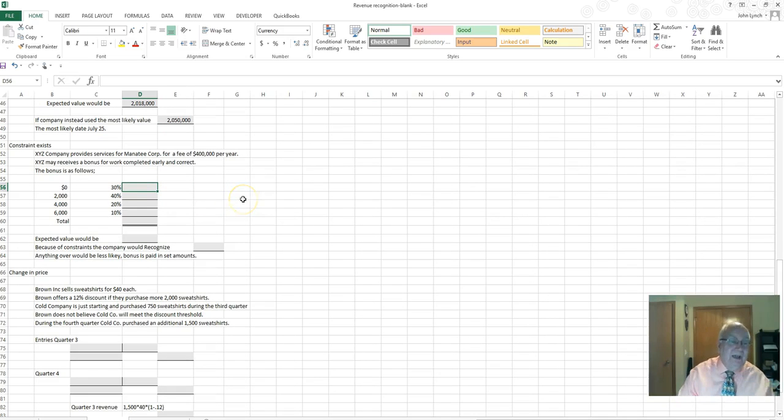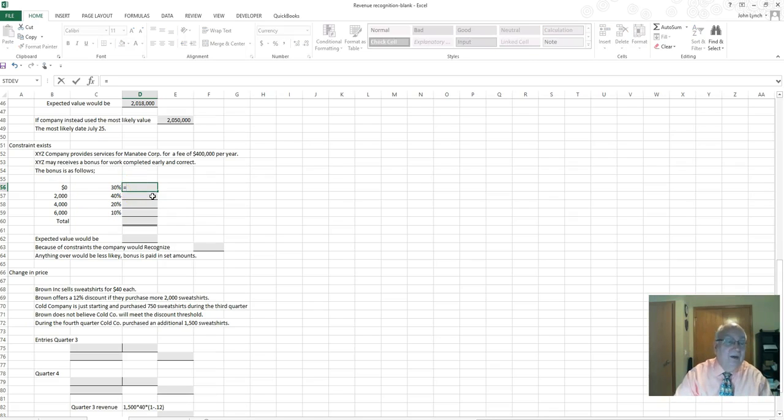On this one, XYZ company provides services to Manatee Company for a fee of $400,000 per year. XYZ may receive a bonus for work completed early and correct, or it could also be based off of employee satisfaction with the company. There's a 30% chance of not receiving any bonus, 40% for $2,000, 20% for $4,000, 10% for a $6,000 bonus.